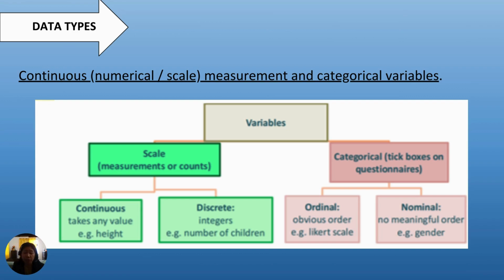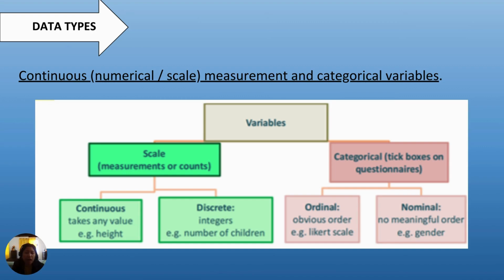So from the word variable, anything that can vary and anything that can be measured. So this could be someone's age, gender, exam score, or level of satisfaction, level of motivation. So that's a variable.